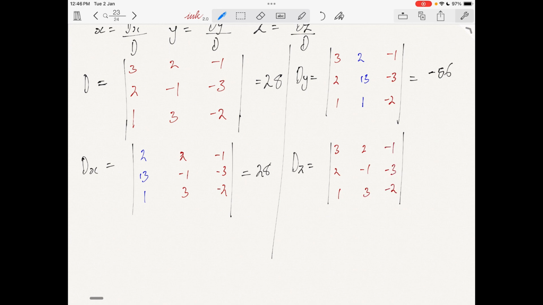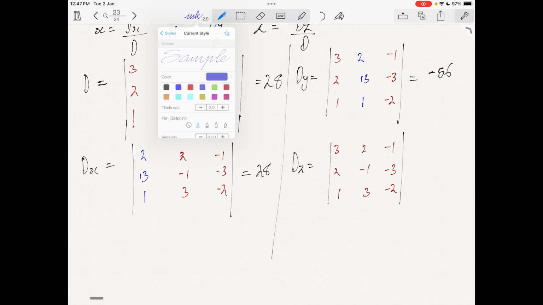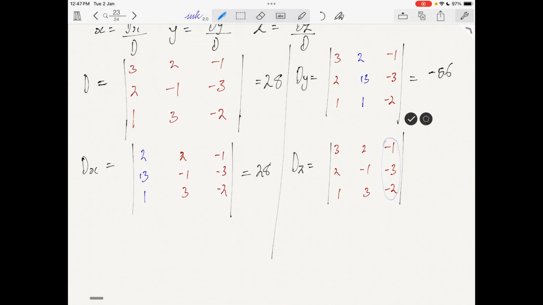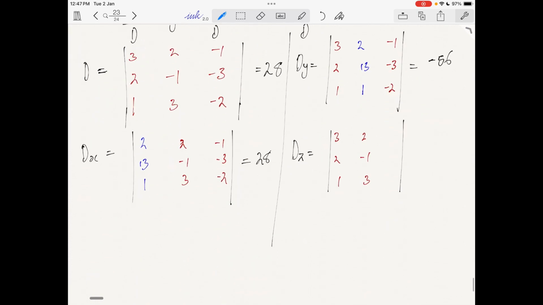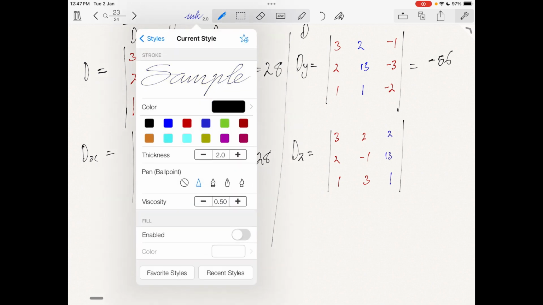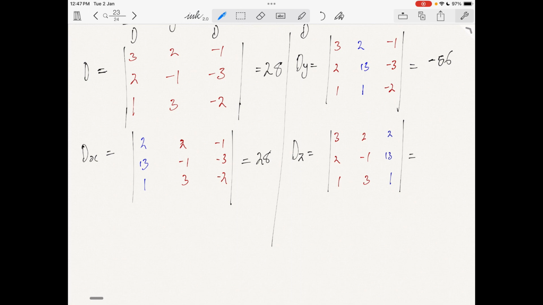And for dz, we are after the coefficient of z. We're going to change the coefficient of z to the constant terms 2, 13, 1. And after that is done, we can find the determinant, which gives us minus 84.